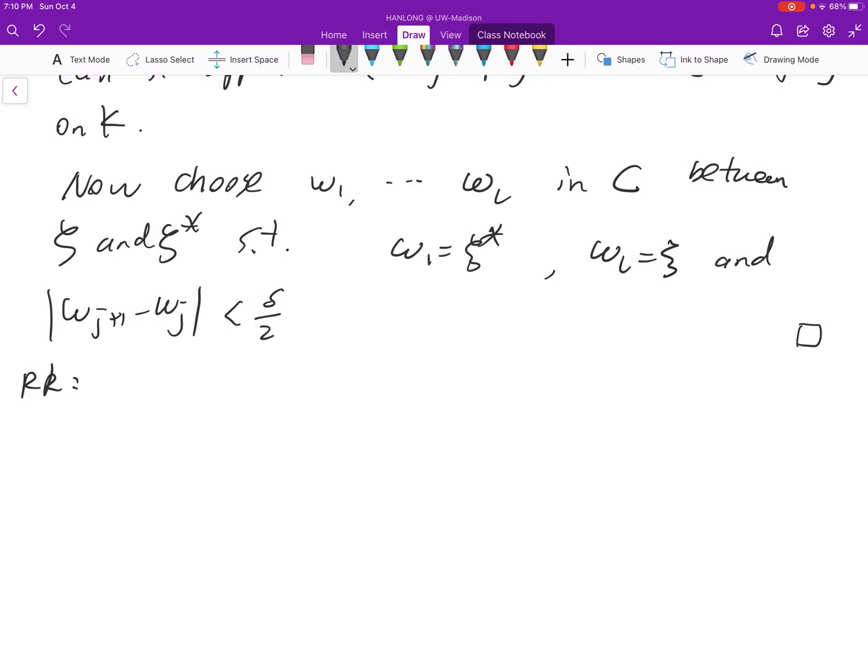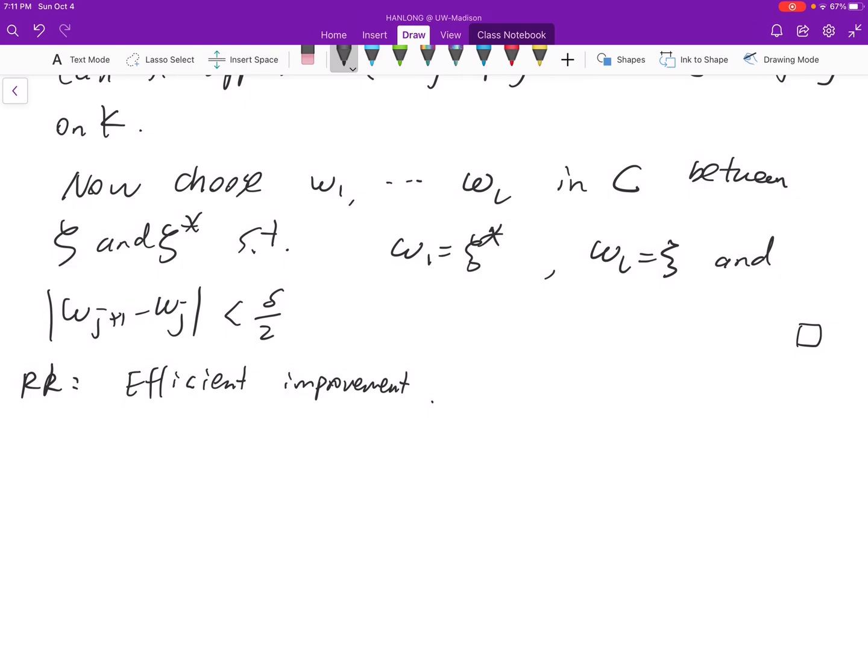Okay, and a remark: in this case, we actually show that every time you have some improvement, you can have an efficient bound on how many times you need to do this bootstrap from C star to C. But sometimes you don't have this efficient way. Then what do you need to do?